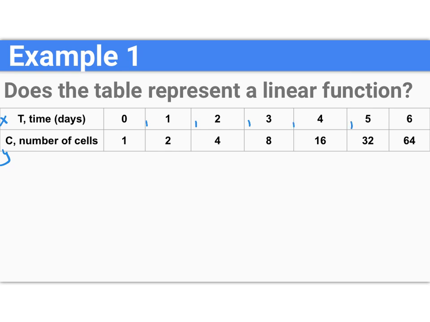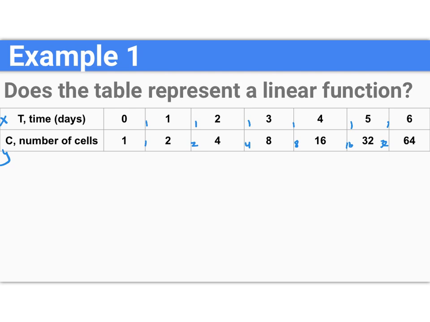And let's look at what's going on in y. It goes from 1 to 2, so that's 1. From 2 to 4, that's 2. From 4 to 8, that's 4. From 8 to 16 is 8. Then 16, then 32. So it looks like it is doubling.